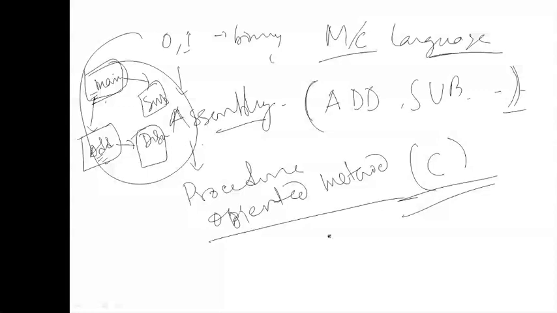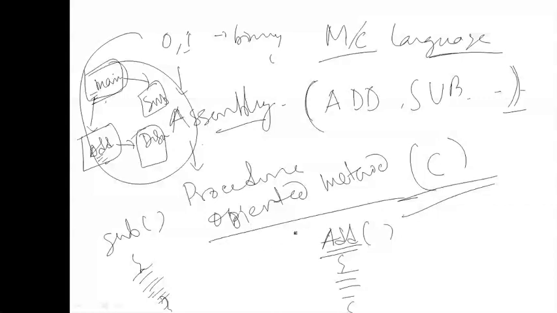Now let me give you an example of what a function looks like. Suppose add is the function, and it looks like this. These are the instructions to perform a particular task. Suppose subtract is the function, so it will look like this: this is the opening brace, and this is the closing brace.